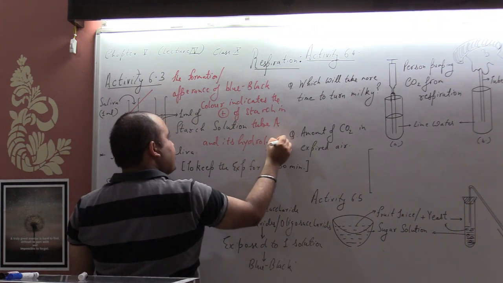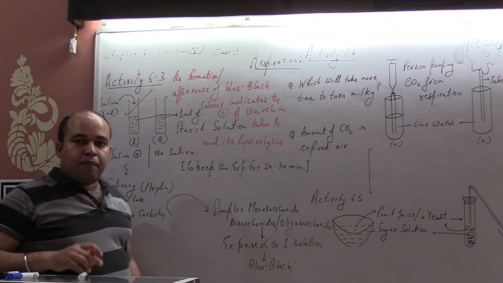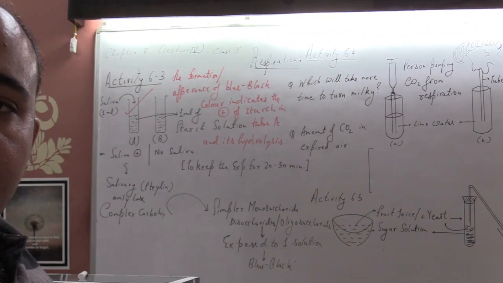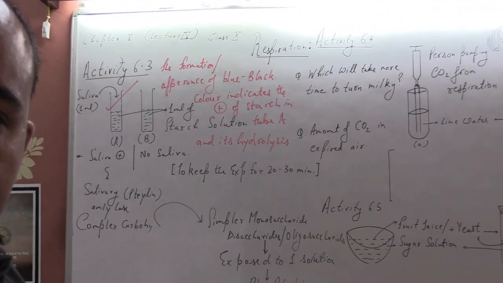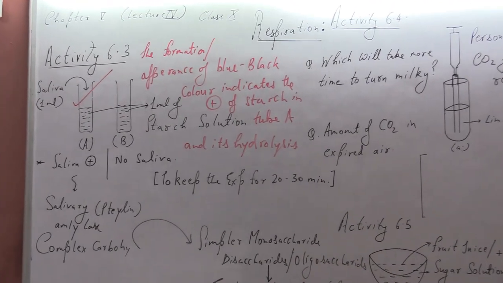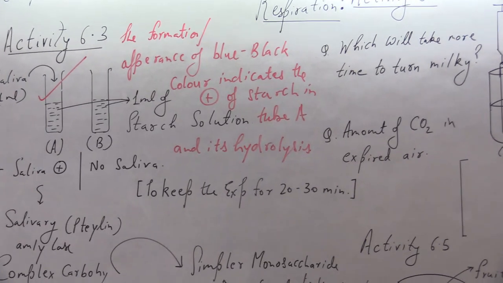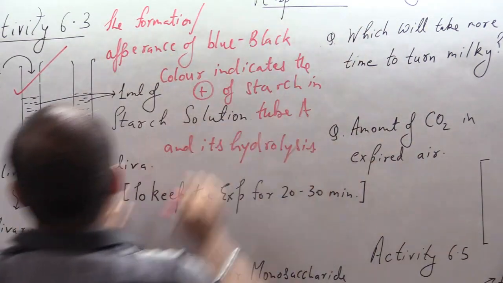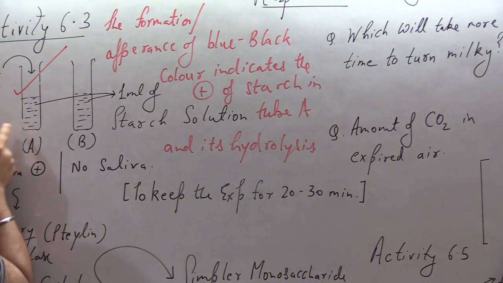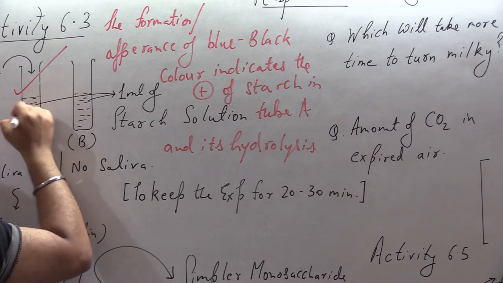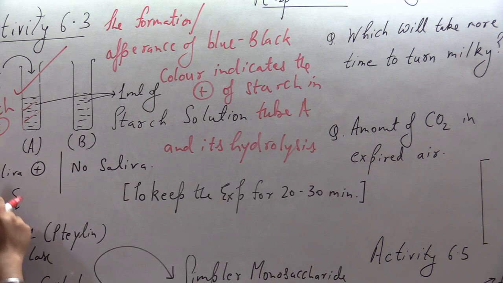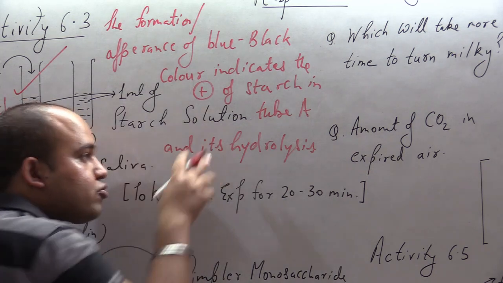So it indicates that not only was the starch present, but the starch has also been hydrolyzed. You can come forward now. Please look here. Just a second students, have some patience. See this, the appearance of blue-black color in this test tube will indicate that yes, starch was present and has been hydrolyzed into simple monosaccharides.